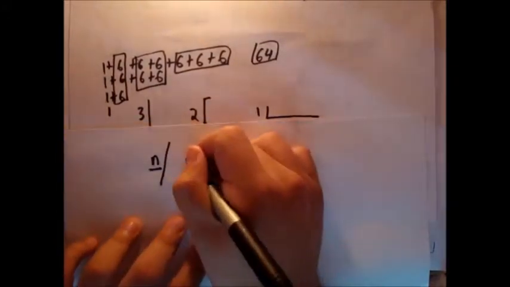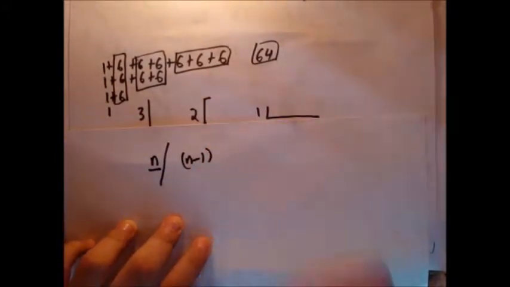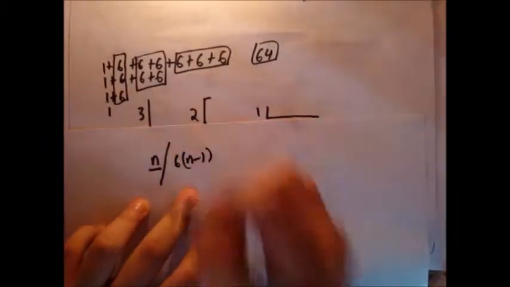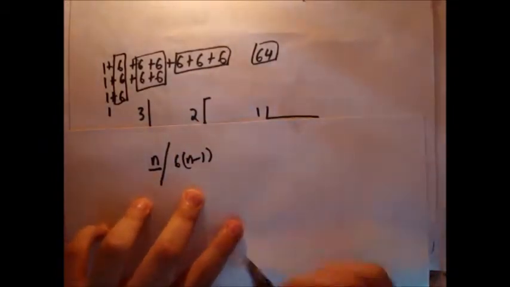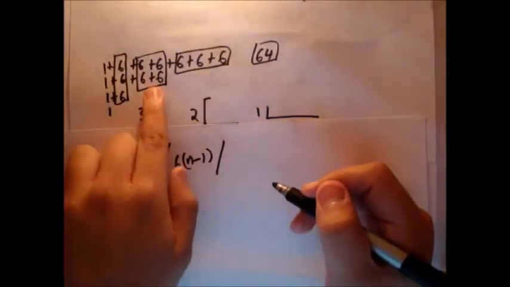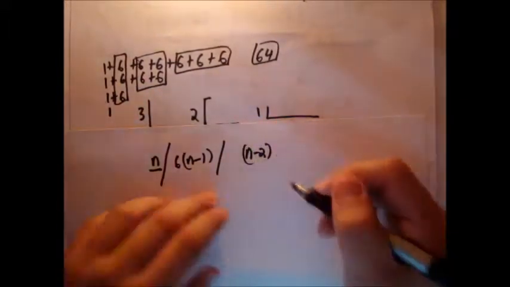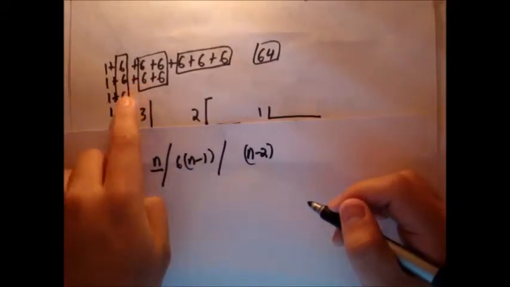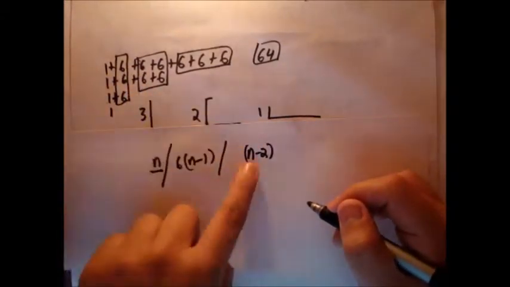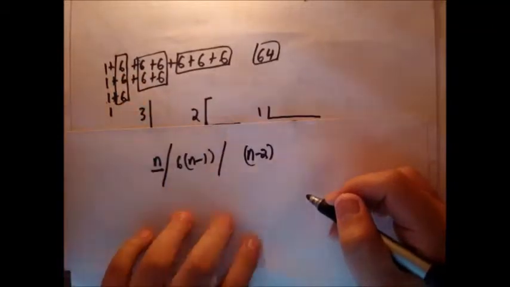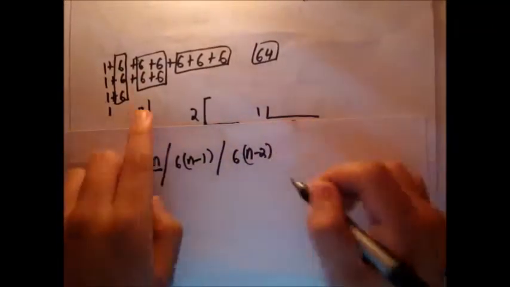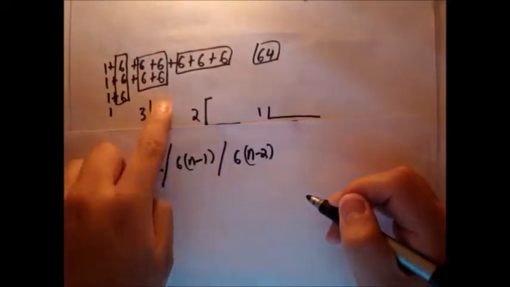So it's going to be n minus 1 6s, right? And then we see the square right here. It'll be n minus 2 6s, because instead of 3 6s, we have 2 6s. 4 minus 2 is 2 heights of 6s. So we write 6 right here. But then the length of 6 is 2.